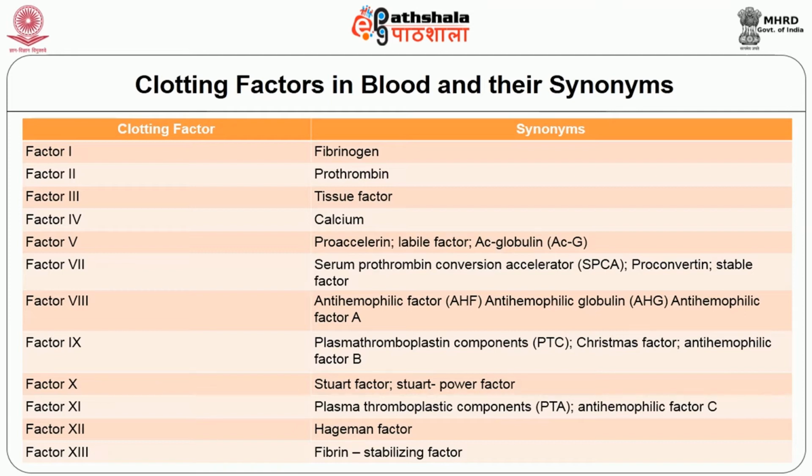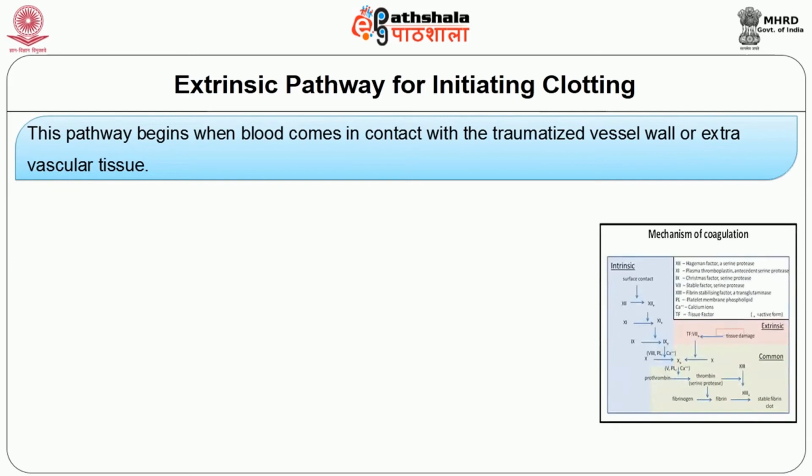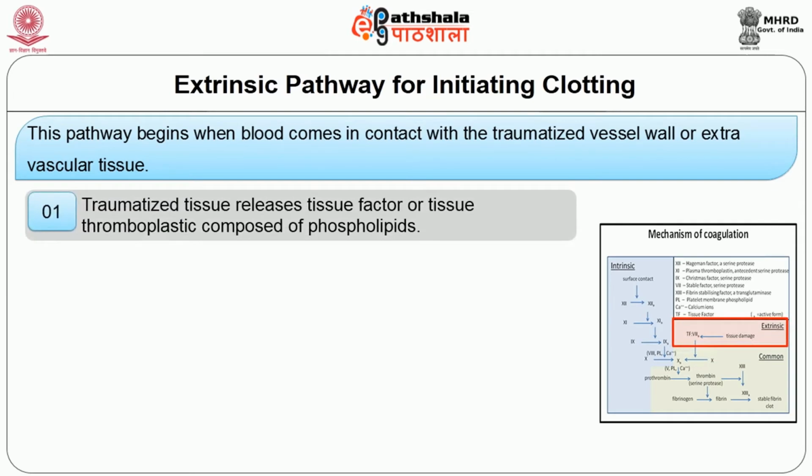Now we will see the extrinsic pathway for initiating the clotting. This pathway begins when blood comes in contact with the traumatized vessel wall or any extravascular tissues. Traumatized tissue will release what is called tissue factor or tissue thromboplastin, which is mainly composed of phospholipids.